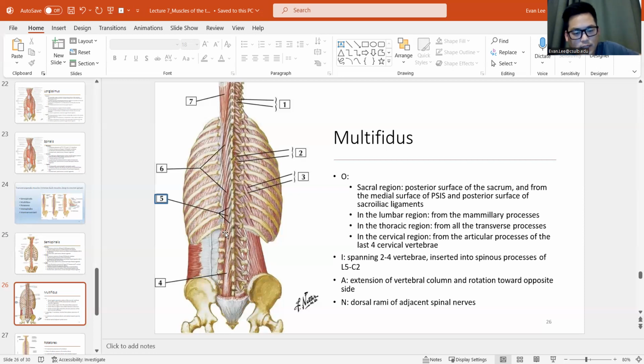And then as you go up along the thoracic vertebrae, it connects to its very typical transverse processes. And then for the cervical vertebrae, it attaches to the articular processes up here. So this muscle helps with extending the vertebral column as well as rotating the vertebral column.